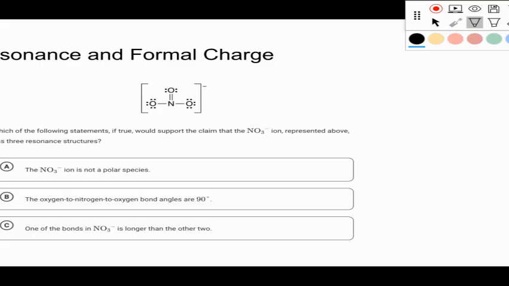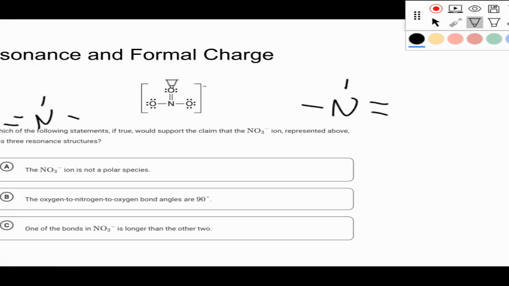If there's more than one possible shape, then you would show how it can have three different possibilities. Remember, in resonance, these three bonds are all equal in length because we don't know which one it's going to do, because it could do a double bond, single bond, single bond, or it could do a single bond, double bond.